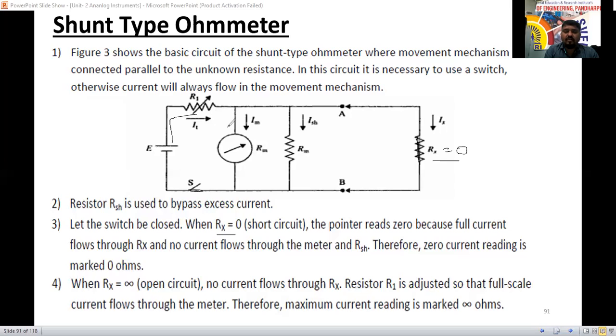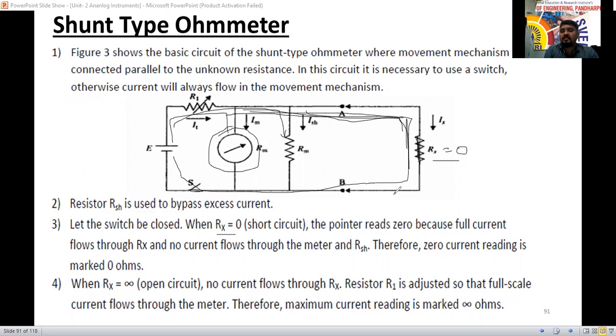It will start to flow in the meter and some current will flow here. But here some opposition is there, here also some resistance is there. Is there any opposition here? The resistance is 0 here. So all the current will flow here only. The meter deflects 0 because it is a clear path.